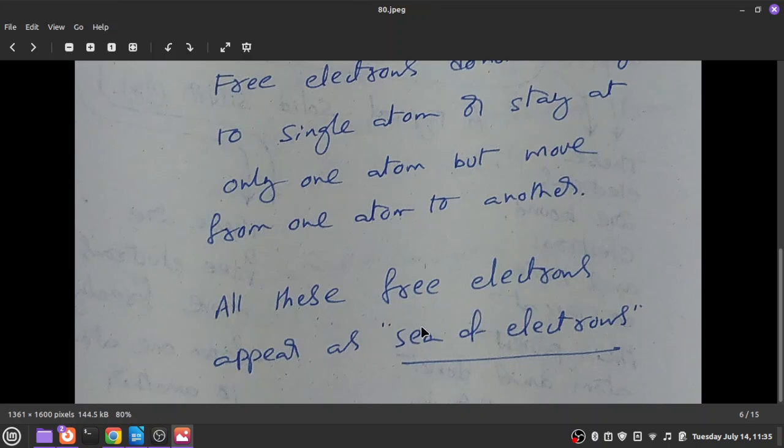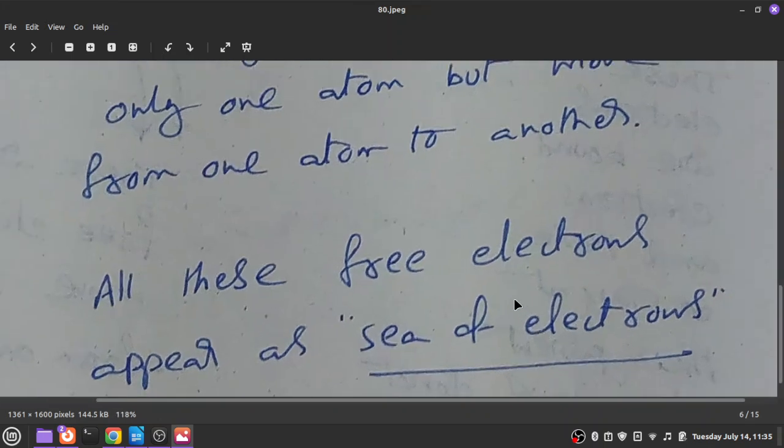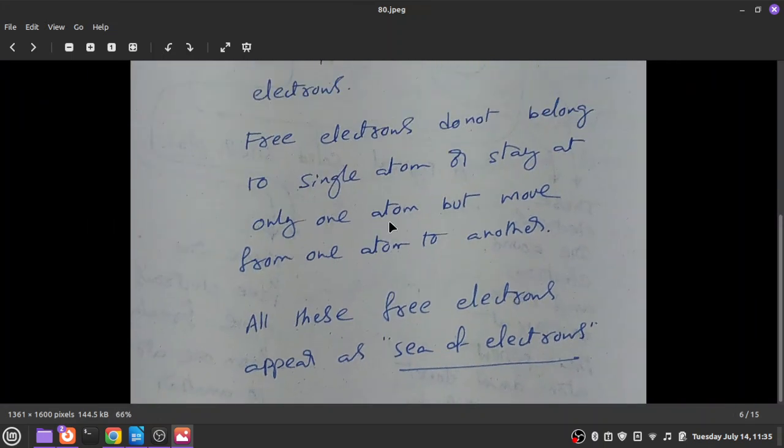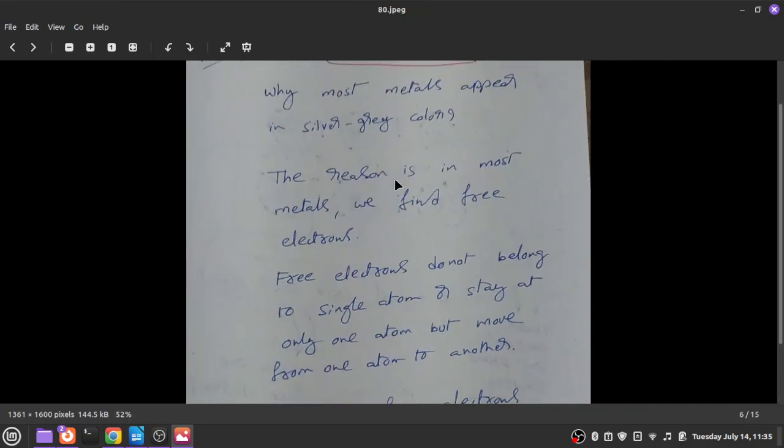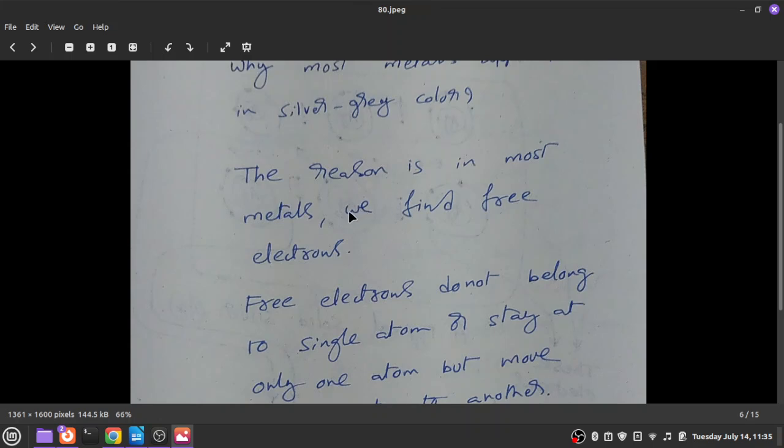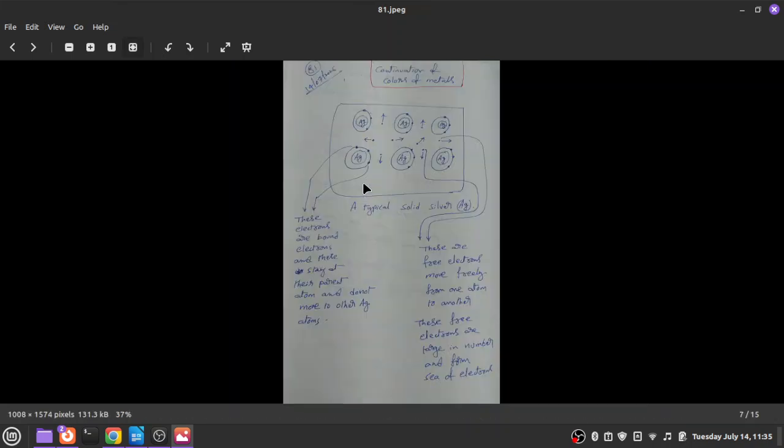All these free electrons appear as a sea of electrons. Again I want to say that the reason for most metals to appear in silver gray color is due to free electrons. So in the next slide I am going to explain about free electrons.